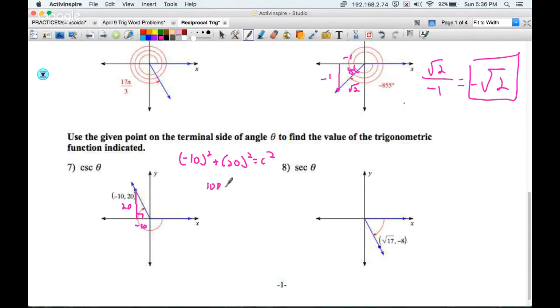Let's see, I got 100 plus 400 equals c squared, 500 equals c squared, square root. I can split that into the square root of 5 times the square root of 100 equals c, or I should have done that the other way around, but 10 root 5 equals c. All right, so that's 10 root 5.